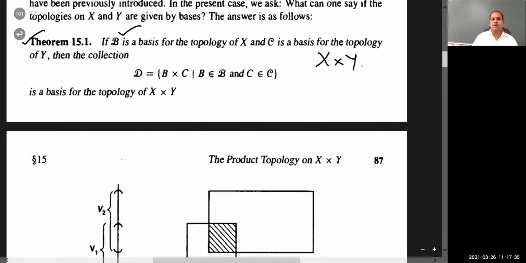According to this definition, B is a basis for the topology of X, and suppose C is a basis for the topology on Y, then the collection of all Cartesian products of the basis members of B and C is going to generate the basis for the topology on the Cartesian product of X and Y.